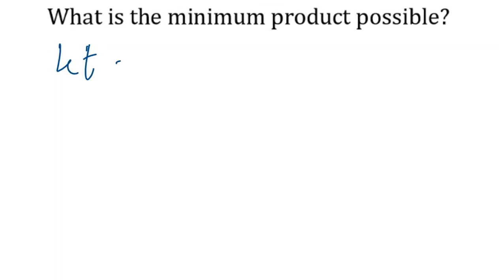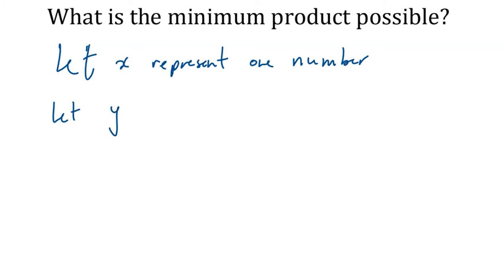Let x represent one number. You do not always have to use x and y. In fact, maybe you want to avoid y because y to you feels like the y-axis. And if that's true, use a and b or whatever variables you want. Okay? Let y represent the other number.